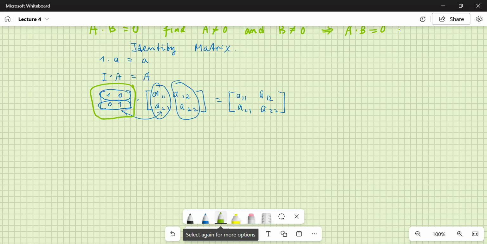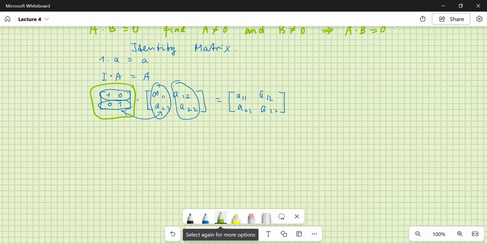What we do know about this matrix is that it's supposed to be a square matrix, number one, and it's supposed to have ones on the main diagonal only. So if this matrix has more rows, it's supposed to have more columns. It can be a 5 by 5, 6 by 6, 7 by 7, but it's supposed to be the same shape. Matrix A is not supposed to be a square matrix. I was using a square matrix, but it can be something else.